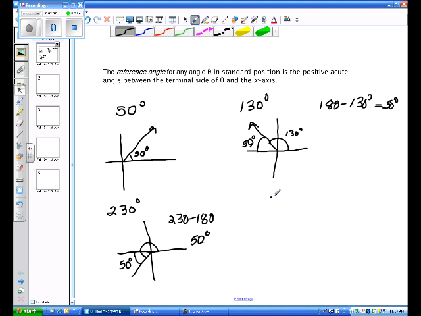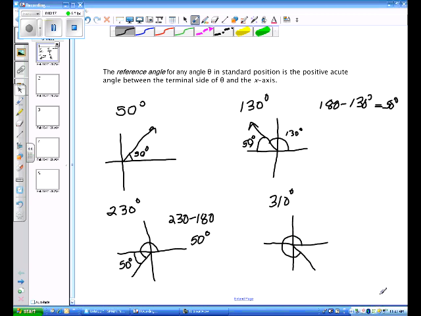And one last one, let's look at 310 degrees. Well, we draw our angle in standard position, which means we start on the positive x-axis. We go around 310 degrees, which puts us in the fourth quadrant. We want to figure out what our reference angle is.